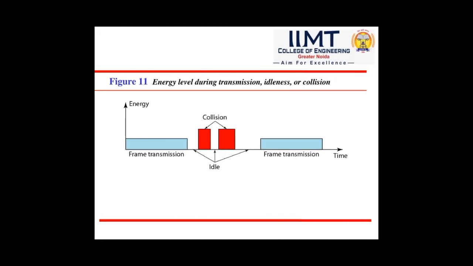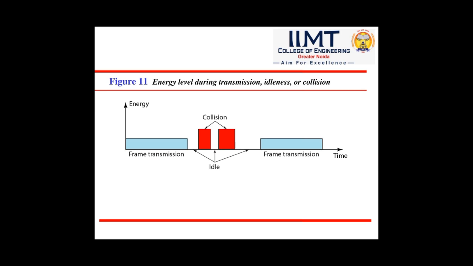Now here you can see in this diagram, this is the energy level diagram. Here the energy level indicates some amount of voltage, suppose it is 5 volt. So during wired transmission, the signal is transferred in the form of voltage. Here you can see the frame is transmitted during this time, and two frames are transmitted during this time.